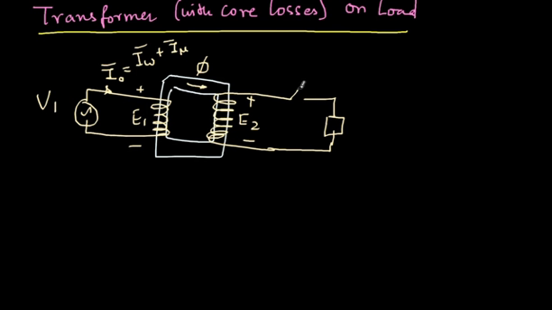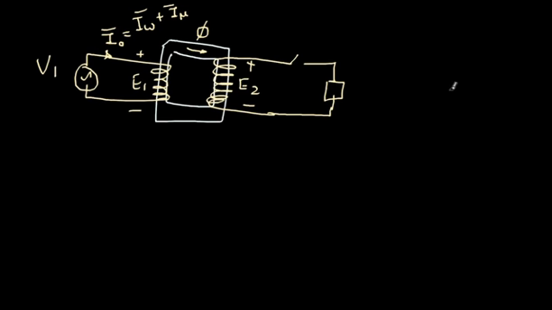Already in one of the previous lectures I had talked, when this is closed then we get I2 into the picture. So I'll explain it through vector diagram. Let me just use this space. So here I have V1, which is equal to E1, which is equal to the supply voltage.